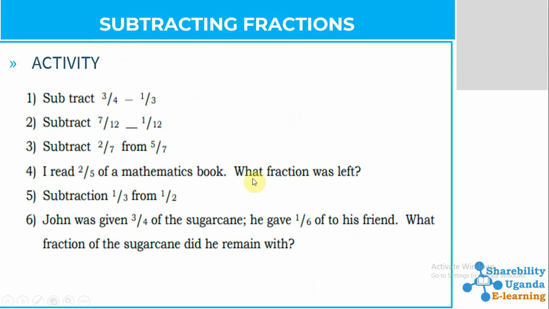So we are able to handle our number 1 up to number 4. So we still have a journey of solving our number 5 and our number 6. So let's have a look at these numbers.